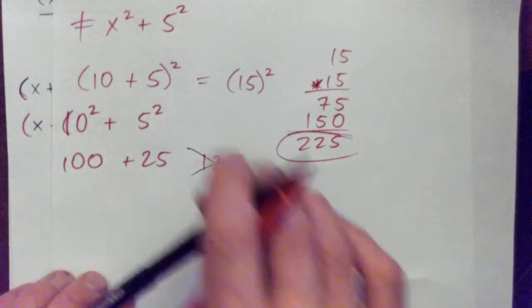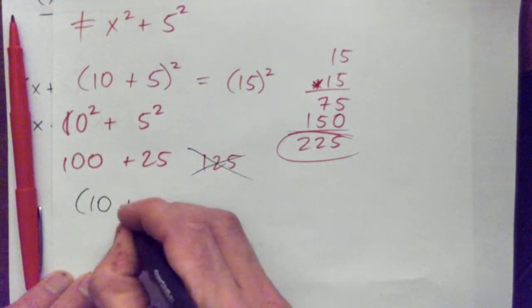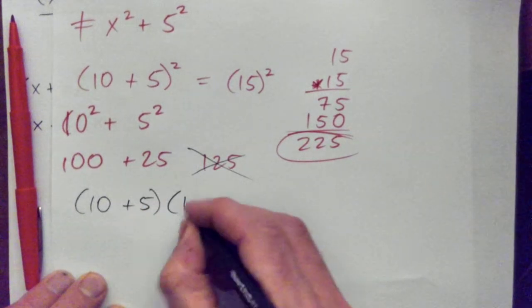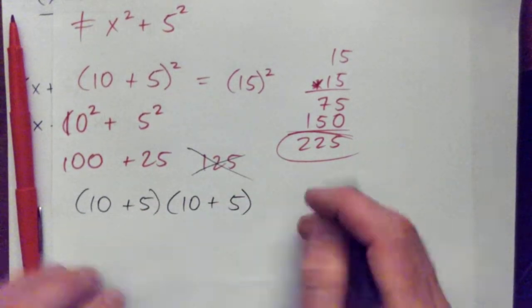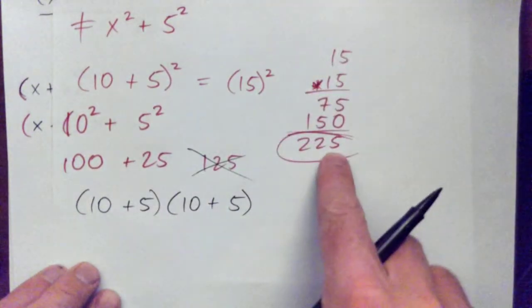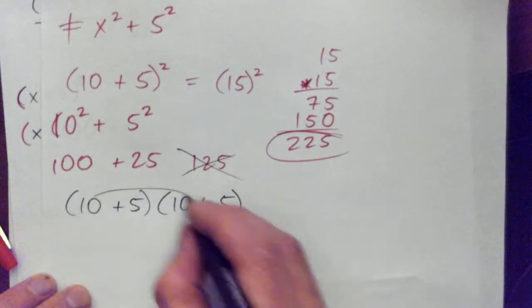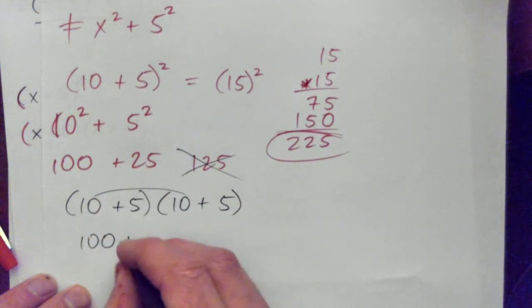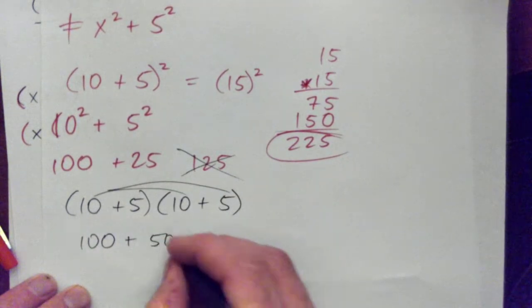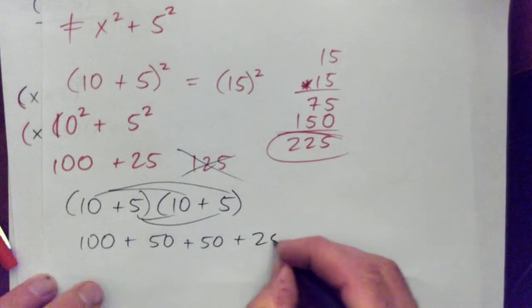And in fact, (10 + 5) times (10 + 5) is actually what it is. Of course, you could have just added here, because these are like terms, and got 15 and then squared it to get that. But if we did the double distributive property, watch this: 100 plus 50 plus 50 plus 25.